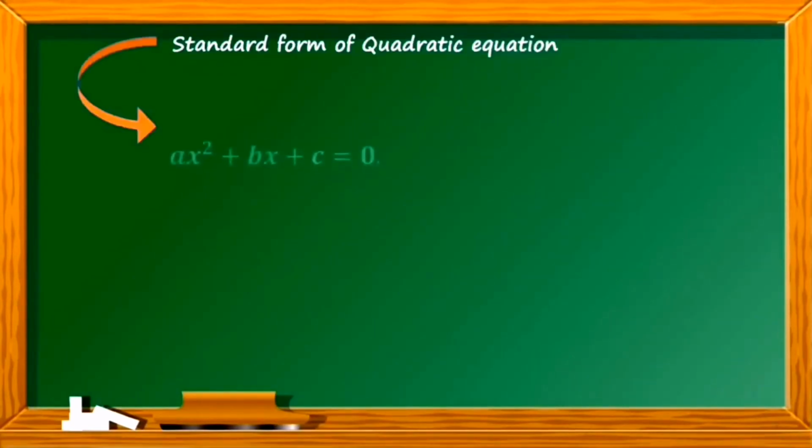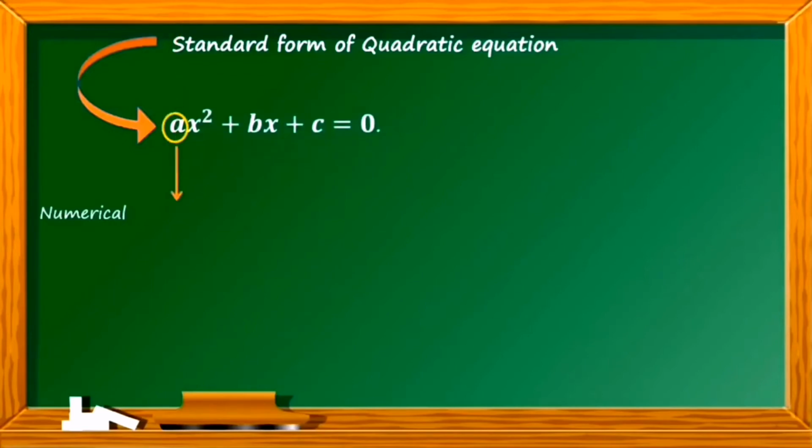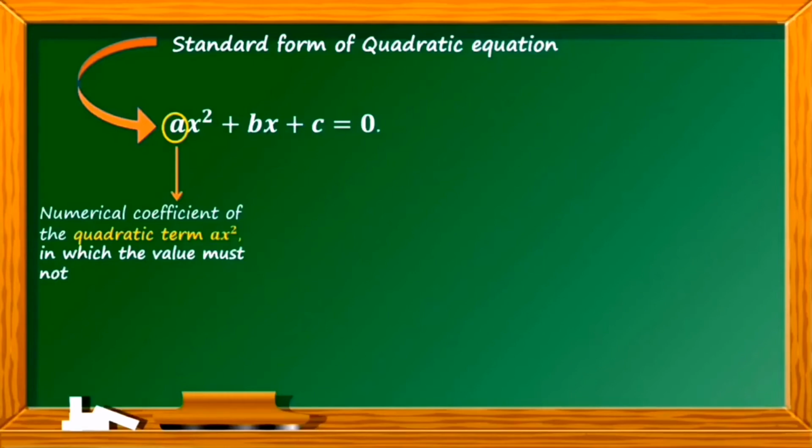Now, let us discuss the standard form of quadratic equation, which is ax squared plus bx plus c equals 0. Our a is the numerical coefficient of the quadratic term ax squared, in which the value must not be equal to 0.